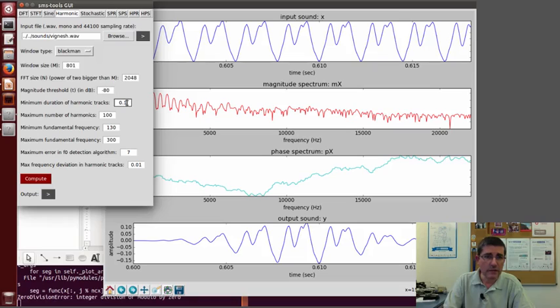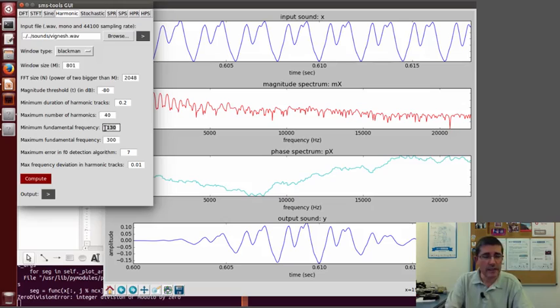In terms of the duration of the harmonics, I think it's good to make sure that they are long. It's a stable note, so we might want to put 0.2 as the minimum duration. In terms of number of harmonics, there are clearly not that many, so I'm sure 40 should be plenty.